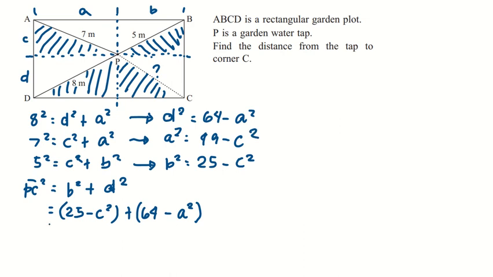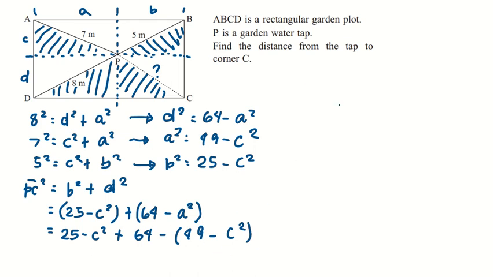Either way, we'll end up with the same answer. So this is 25 minus c squared plus 64 minus a squared, which is 49 minus c squared. And let's simplify.